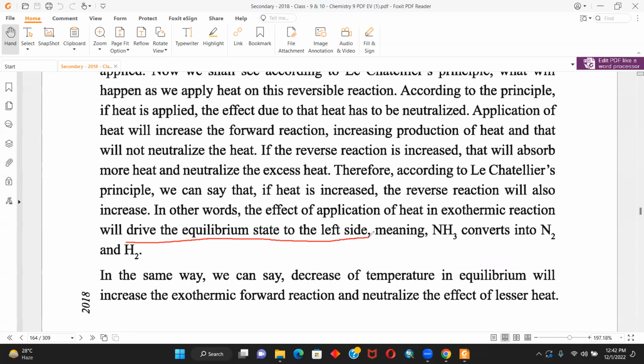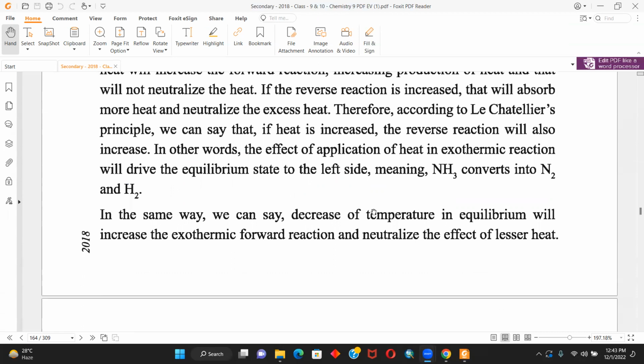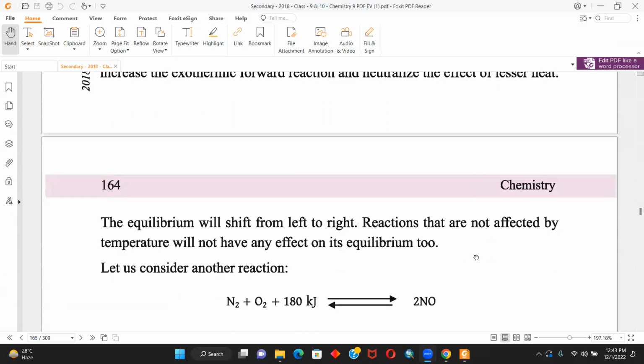So equilibrium state to the left side means that the backward reaction will increase, meaning ammonia converts into nitrogen and hydrogen. In the same way, we can say a decrease of temperature in equilibrium will increase the exothermic forward reaction and neutralize the effect of lesser heat. So very easy.